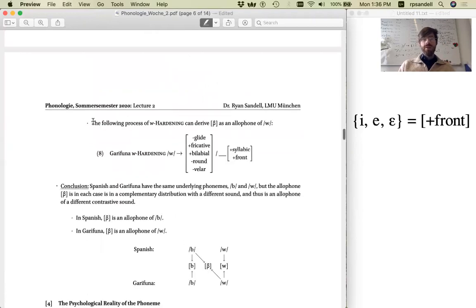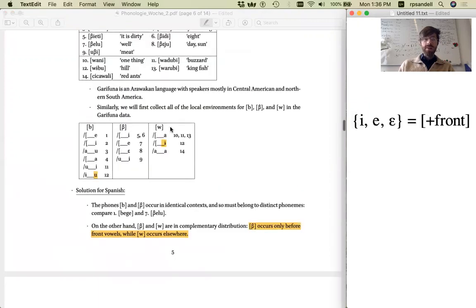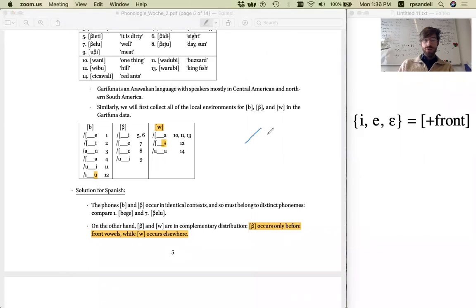So it looks like then we can posit a process, our phonemes, since the phone wa appears to be the elsewhere allophone in this case, occurring before both central and back vowels.